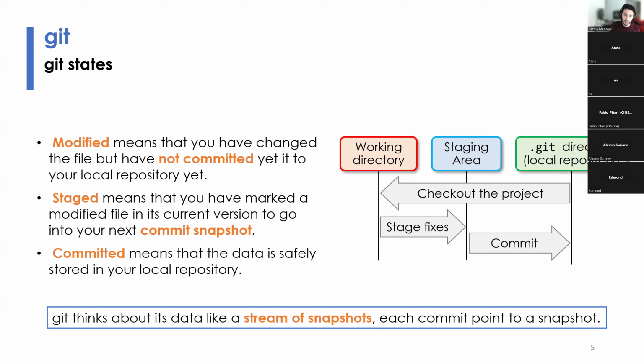That means marking this file as modified with respect to the last snapshot, and marking it in the sense that you want this new modification of the file to be in the next snapshot, okay? After the staging phase, you will commit your file to completely save your work and store your changes in your next commit or snapshot. Remember that Git thinks about its data like a stream of snapshots. It always saves a snapshot of your code, while the commits are sort of like pointers to these snapshots, okay?